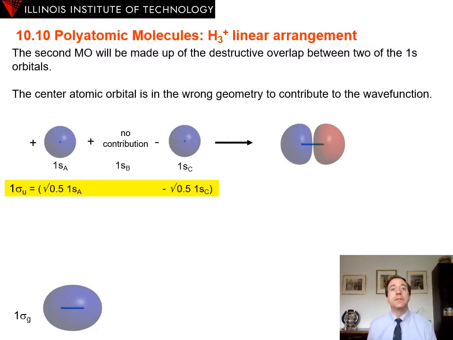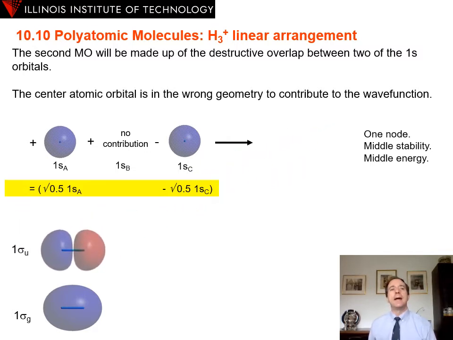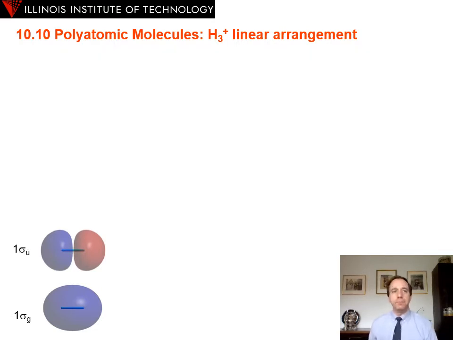Okay, so this orbital has one node, like our regular antibonding orbitals. It has the middle stability of the three orbitals that we're going to make here, and the middle energy, which are synonymous terms. So we'll just grab that and we'll put that over there, and we'll clean off the board, and we'll look at our last orbital that we're going to make.